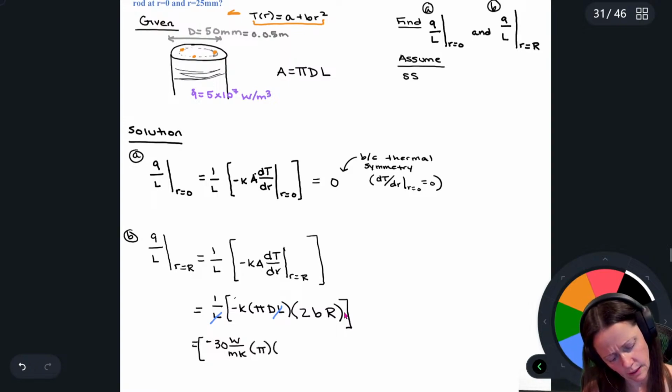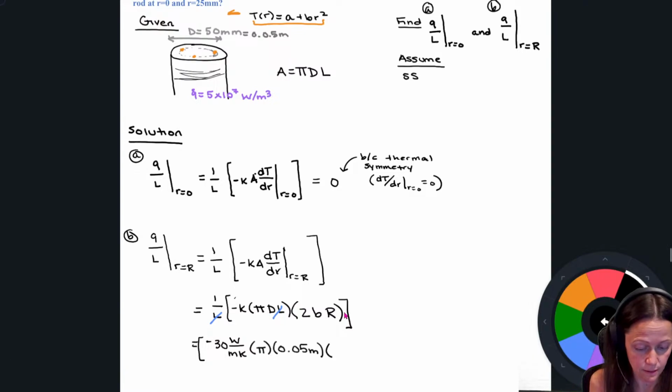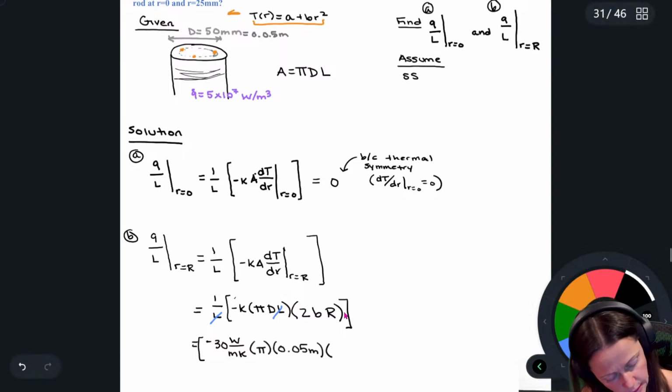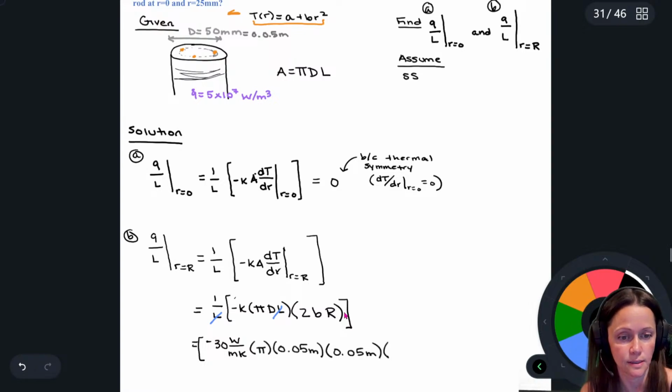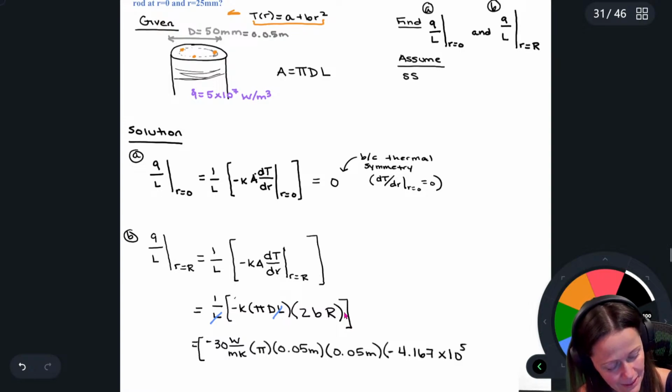See? Yeah. So 0.05 meters. And then I've got 2 times r, which would also be 0.05 m. And then my b is the negative 4.167 times 10 to the 5th degrees Celsius per meter squared.